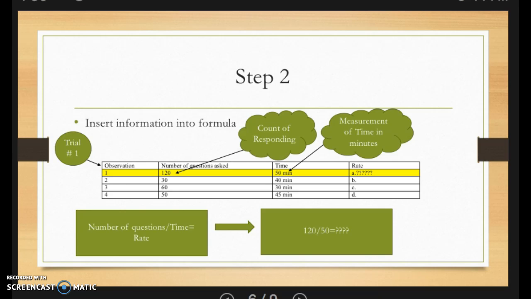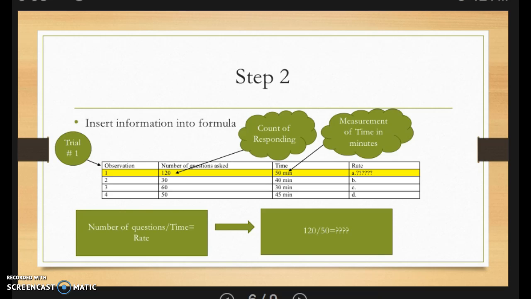All right, so step two. We're going to look at trial one. We don't want to mix up the trials. We want to make sure that we're measuring consistently, taking into account the count of behavior that's associated with a particular time amount. So we don't want to use 120 and 40 if they didn't happen in the same trial.